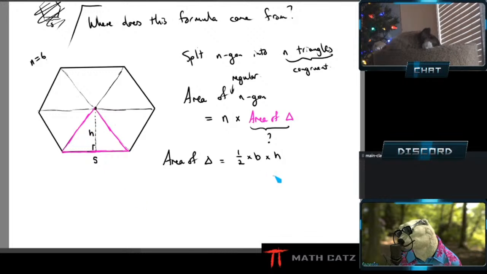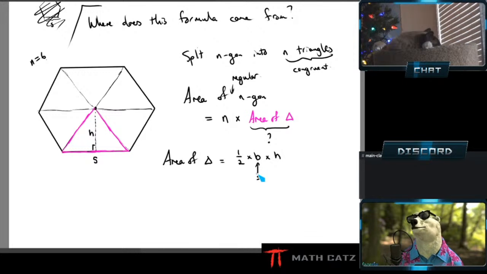But I have the base. The base is the side length S. Side length is given from the start. I need to know the number of sides of the regular polygon. I need to know the side length, which is, of course, all the way around the same. And the formula can then calculate it.